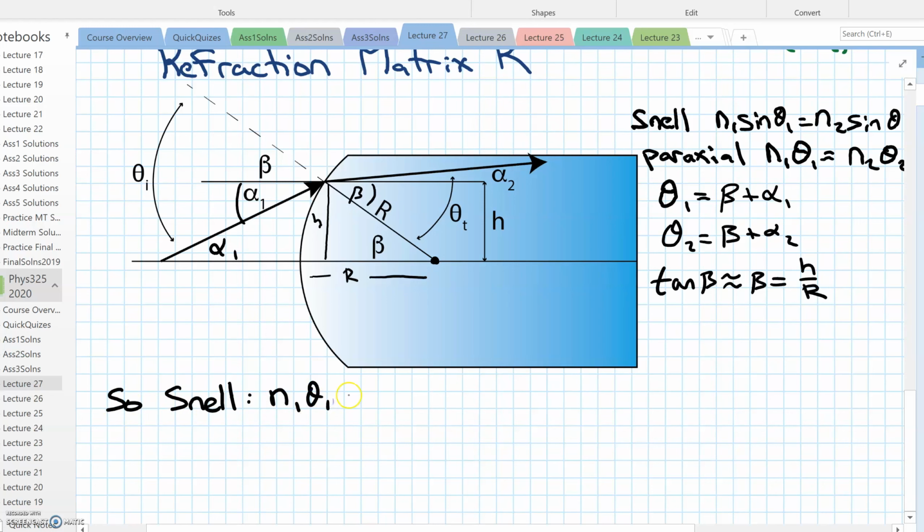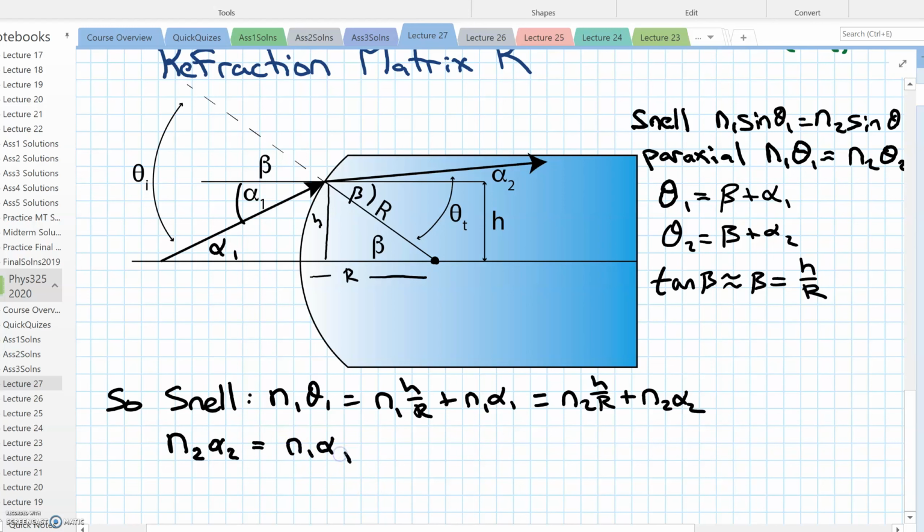n1 theta 1 equals n1 h over r plus n1 alpha 1 is equal to n2 h over r plus n2 alpha 2. n2 alpha 2 is equal to n1 alpha 1 plus, what is this going to be?